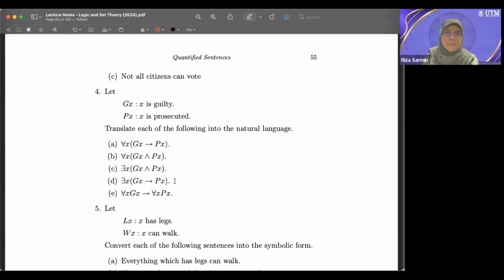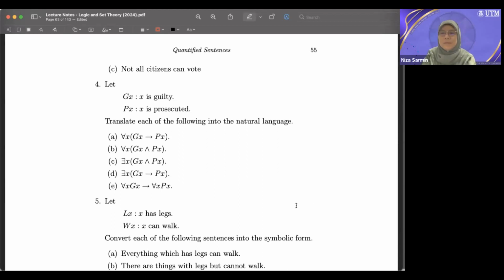Okay. If you say if first, if there's someone who is guilty, then he is prosecuted. What about E? If first, yeah. If everyone is guilty, then everyone is prosecuted. So that is the answer.